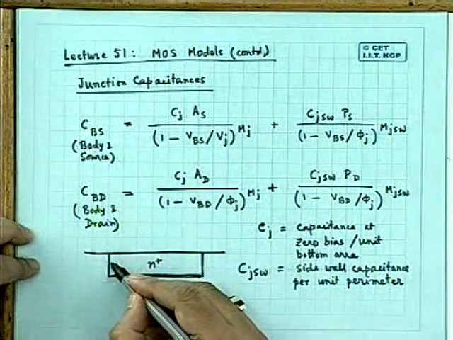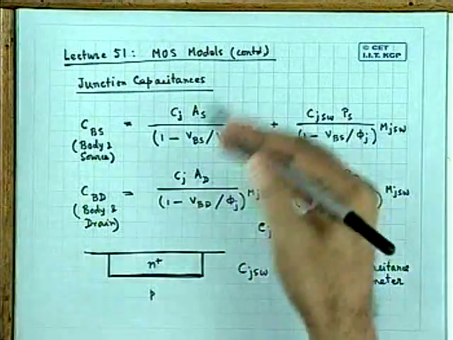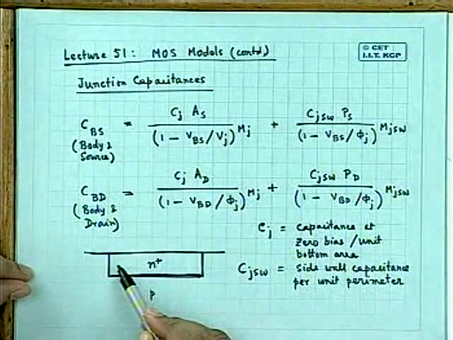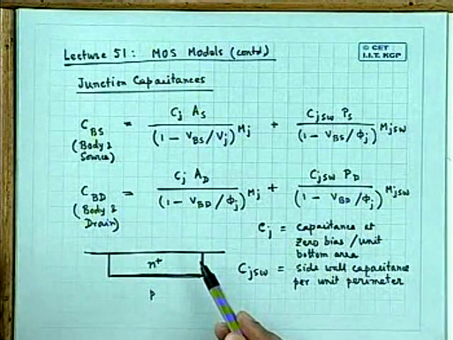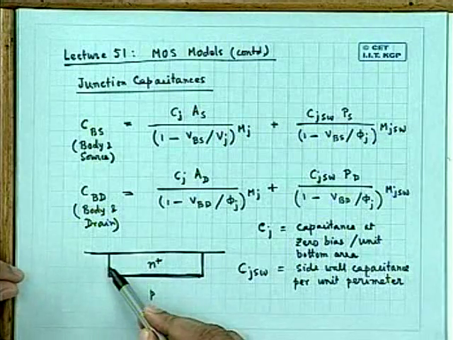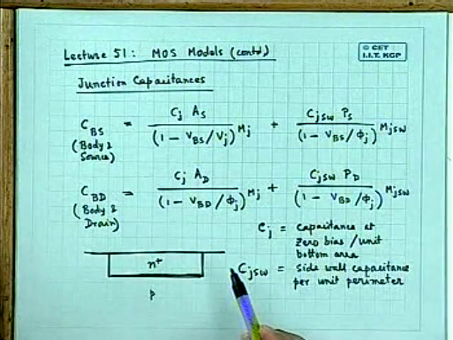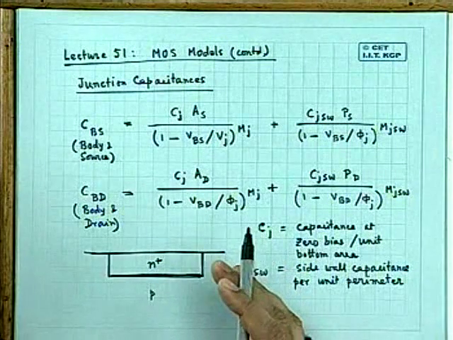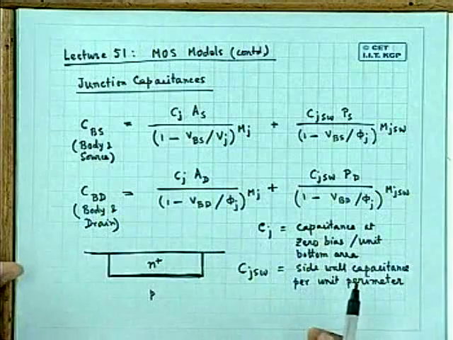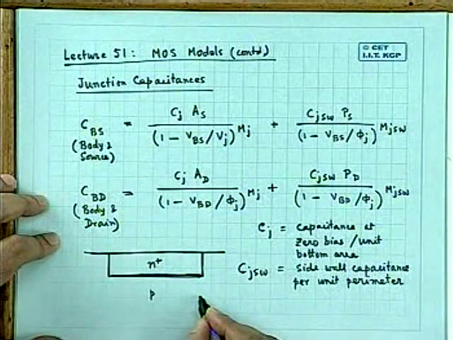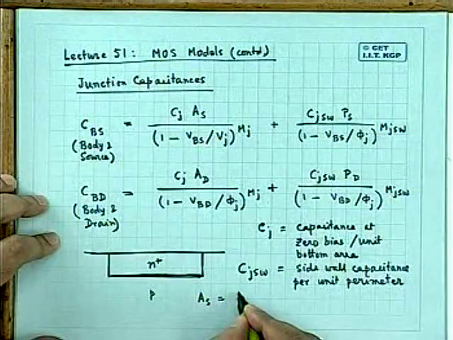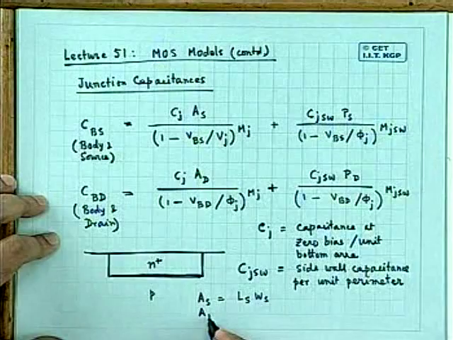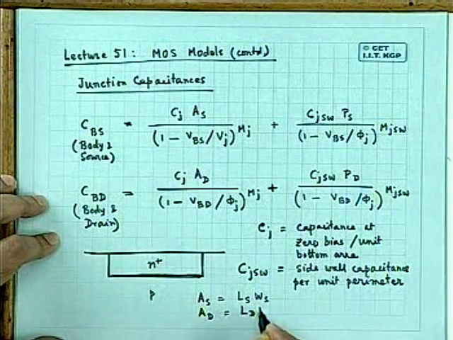This is because actually it is a rectangular region through which the doping has been done. So the perimeter is nothing but 2L plus 2W. By L and W I mean LS and LD; LS is the length for the source, WS is the width for the source. So that way I can write AS is equal to LS into WS and AD is equal to LD into WD.